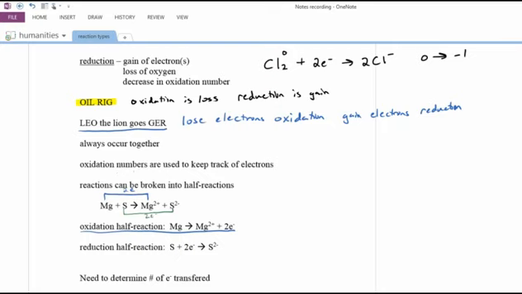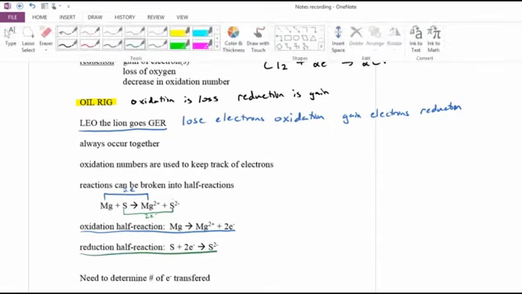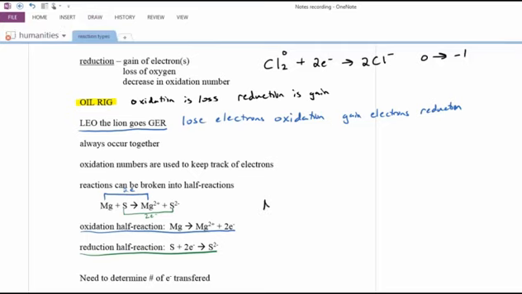Again, there were 2 electrons involved. That's the reduction half reaction. This reaction could have also been written for you like this, where the product was together and you had to know that it means it has those charges.